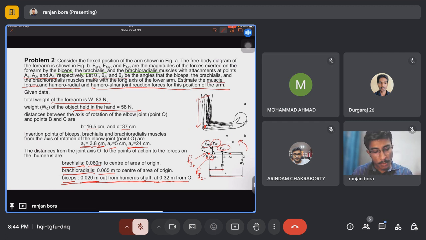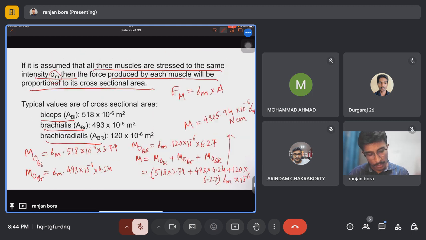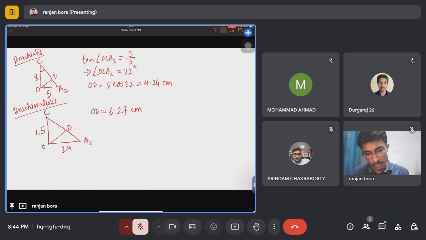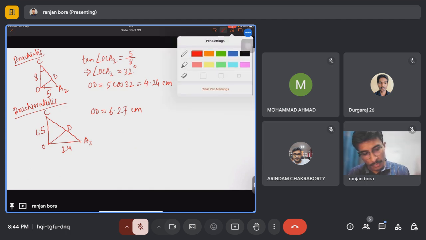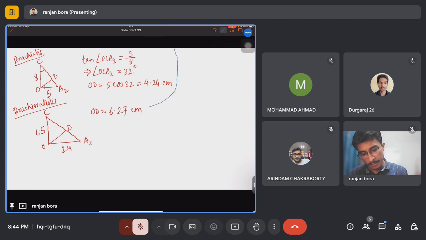Now we'll do the moment equilibrium about point O. We'll consider the moments produced by the weight W and weight W naught, and from that equation we'll get the value of sigma m, which is unknown to us. I'm writing it here: sum of M O equals 0.